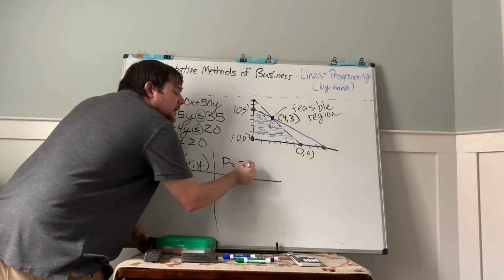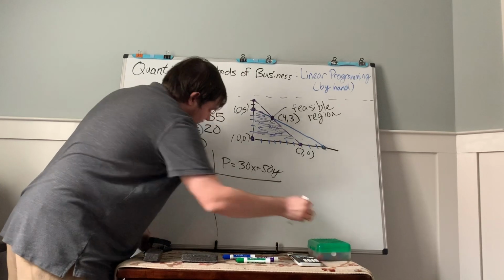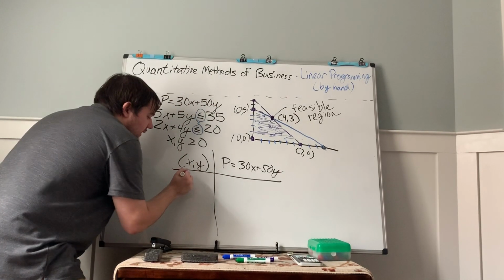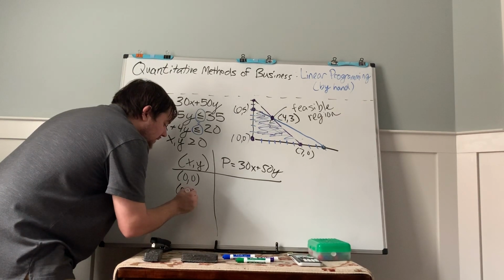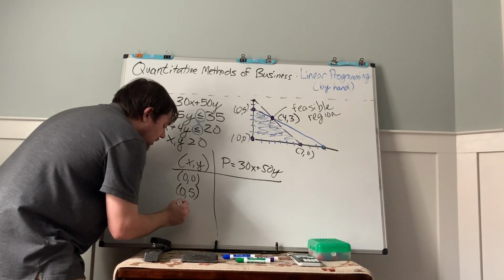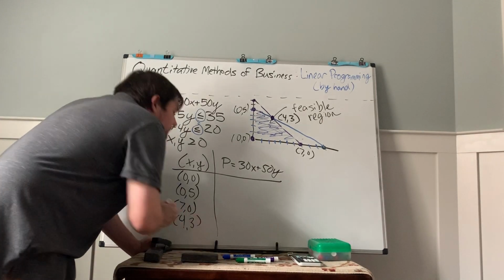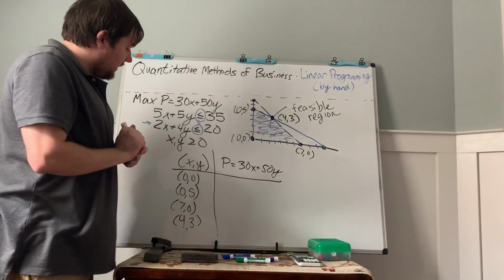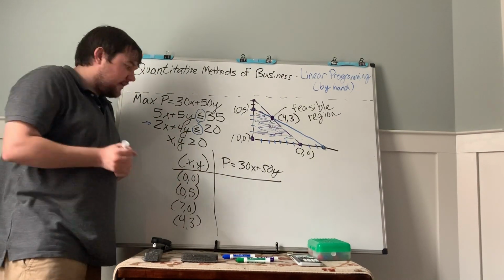So p is 30x plus 50y. So I'm going to list out our corner points here. So 0, 0, 0, 5, 7, 0, and 4, 3. And then I'm going to take those and plug them in here, because this is an x, this is a y.